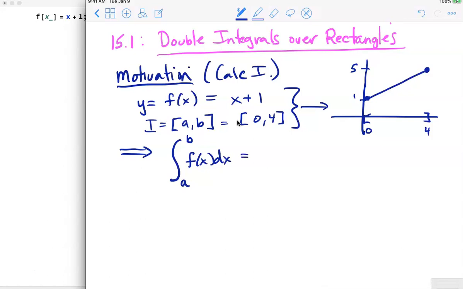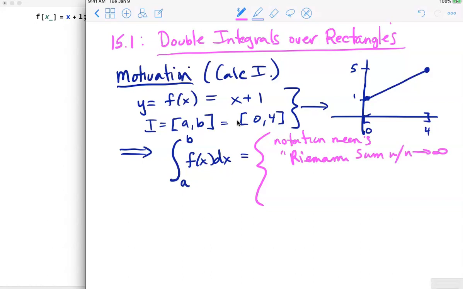And this was a very loaded notation, because what it actually means is to do a Riemann sum with n going to infinity number of rectangles.